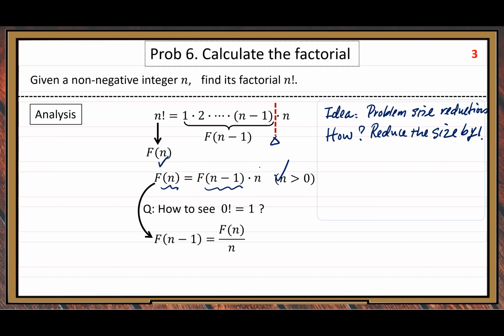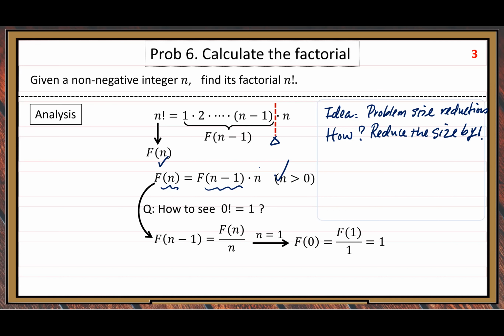From this formula, if we plug in n equals 1, the left-hand side is F of 1 minus 1, that's F of 0, and the right-hand side is F of 1 over 1. We know 1 factorial equals 1, and 1 over 1 equals 1.